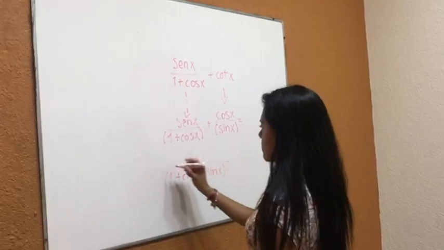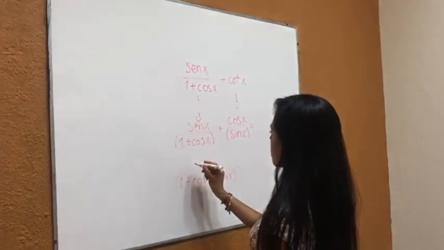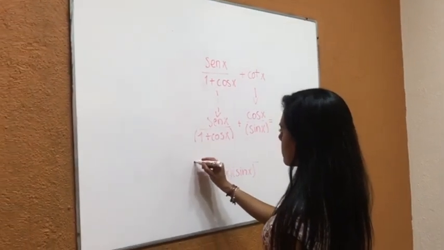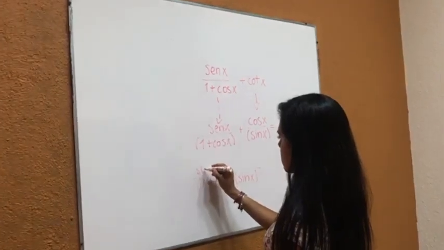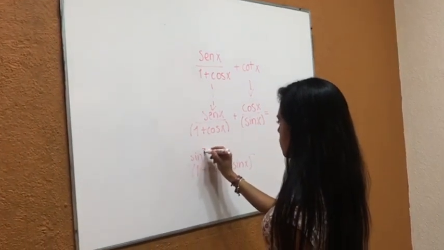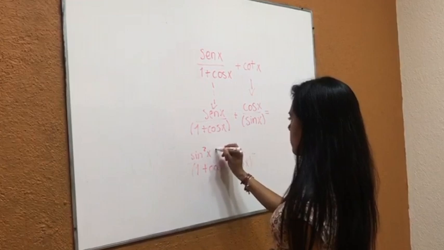And solving that, we know that the numerator will be sine squared of x plus cosine of x plus cosine squared of x.